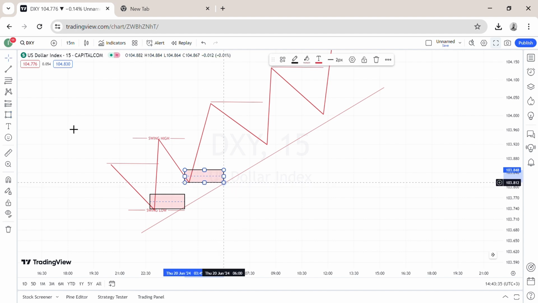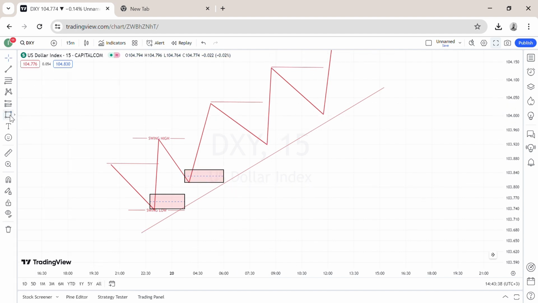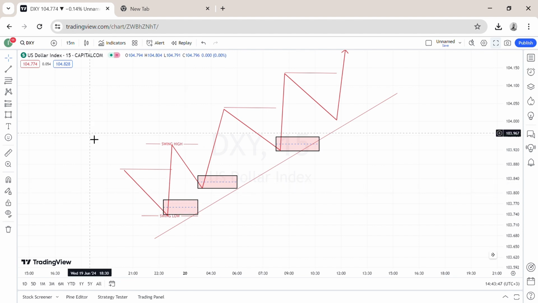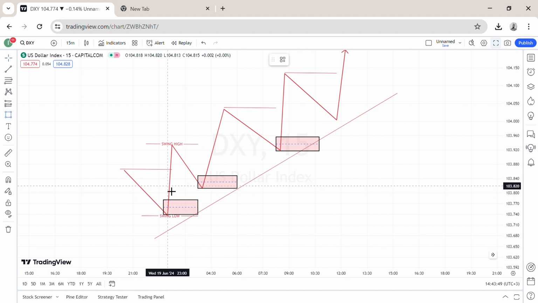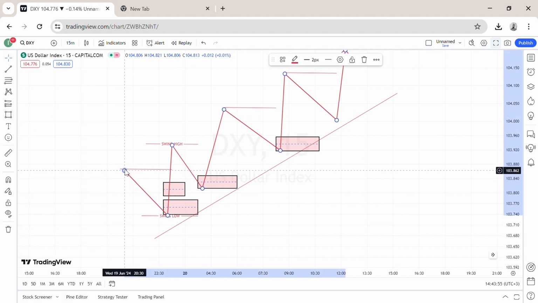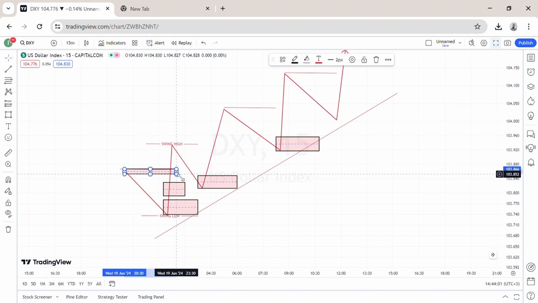Those are always the order blocks. Okay, so those are the order blocks at the swing lows. And after the order block, you'd always see a fair value gap, all right, and a mitigation block.